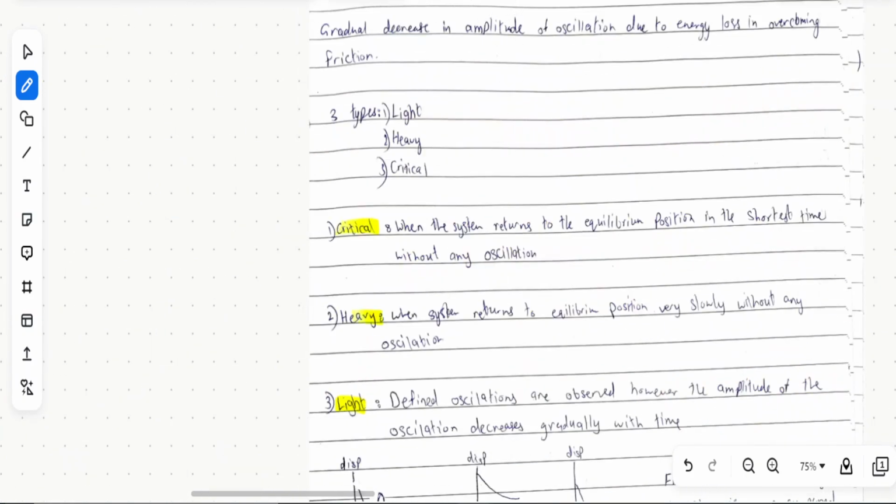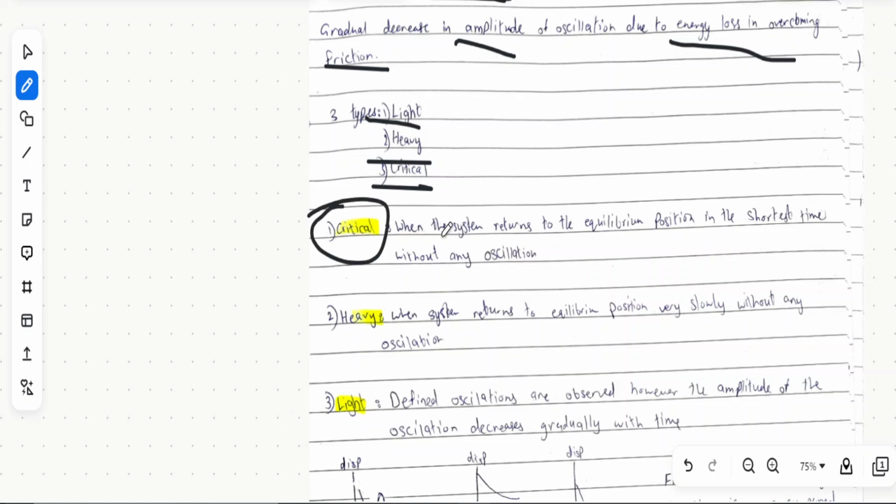Yeah, the last thing, the simplest thing, is damping. There are 3 types of damping: light damping, heavy damping, and critical damping. Damping is when there is a loss of amplitude due to energy loss overcoming friction. Amplitude is basically my maximum distance. So there are 3 types.